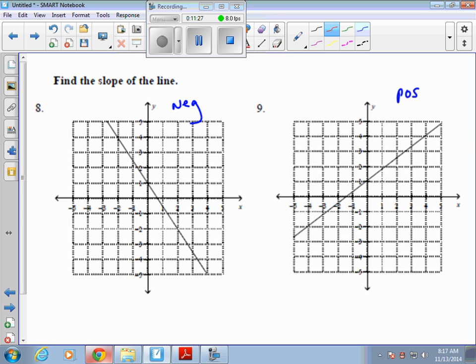In order to determine slope, choose good intersection points. What I mean by that, if you choose this point, that's a good point, because you can tell what its x and what its y value is. If you choose this point, that's not a good point, because you can clearly see what its x value is. It's 3. But you have to kind of guess what its y value is.